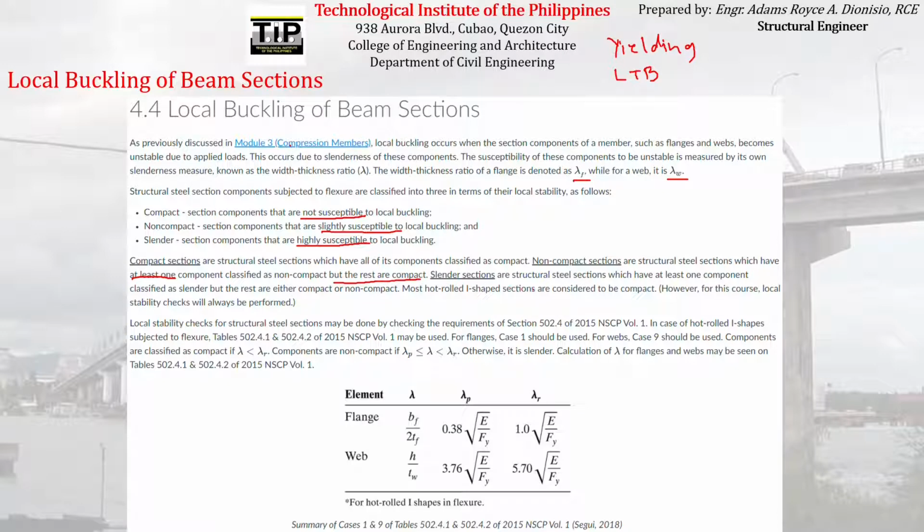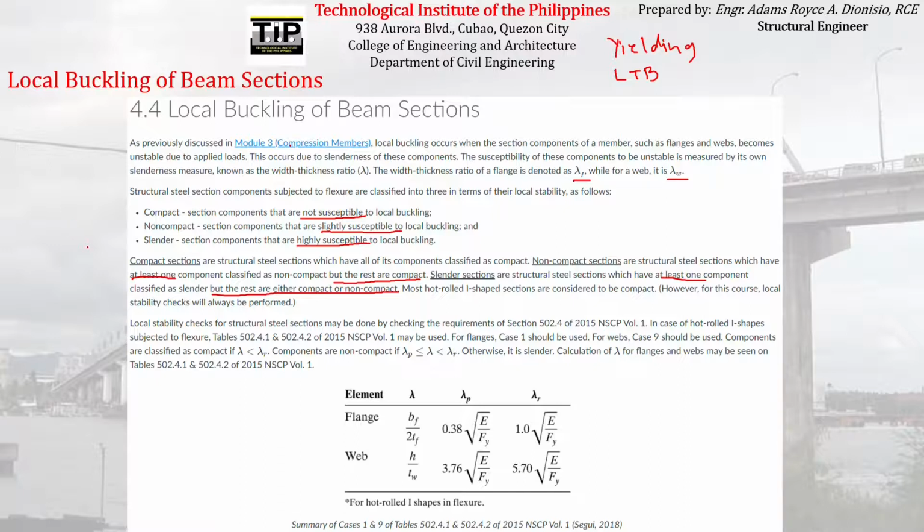Slender sections are structural steel sections which have at least one component classified as slender, but the rest are either compact or non-compact. Most hot-rolled I-shaped sections are considered to be compact. However, for this course, local stability checks will always be performed. So just like sa compression members, guys, meron din tayong mga tinatawag na compact sections dito sa flexural members.